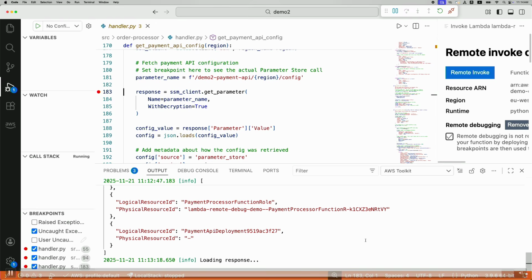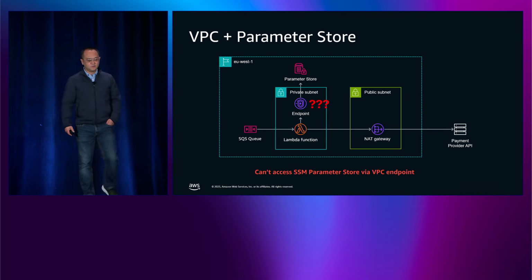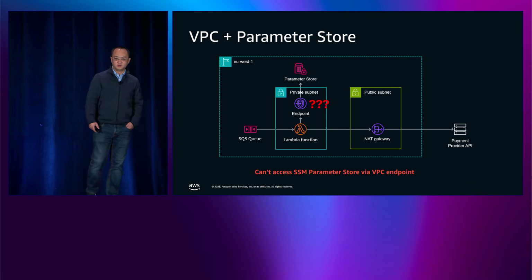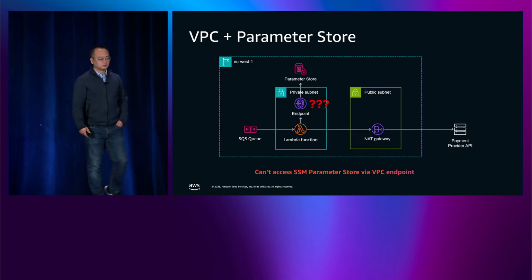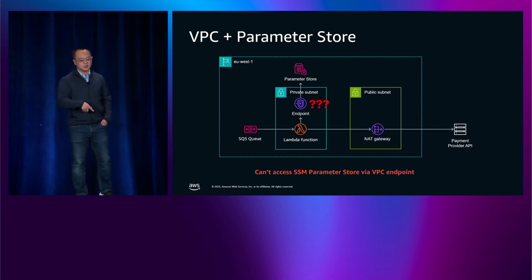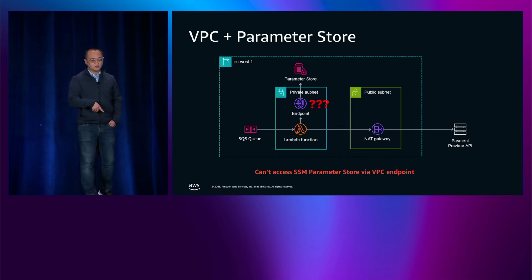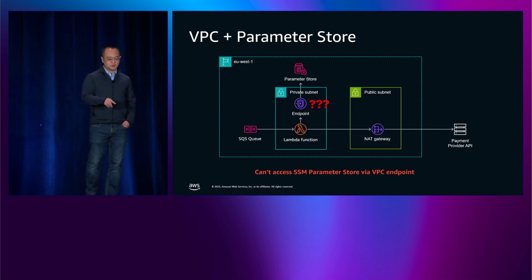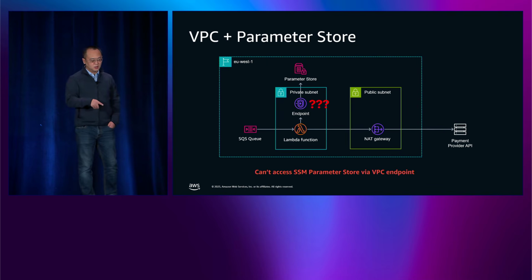It was trying to read the configuration from Parameter Store. So how do we get deeper to find the actual problem there? Looking at this architecture, the Lambda function tries to read from Parameter Store and it didn't get through.